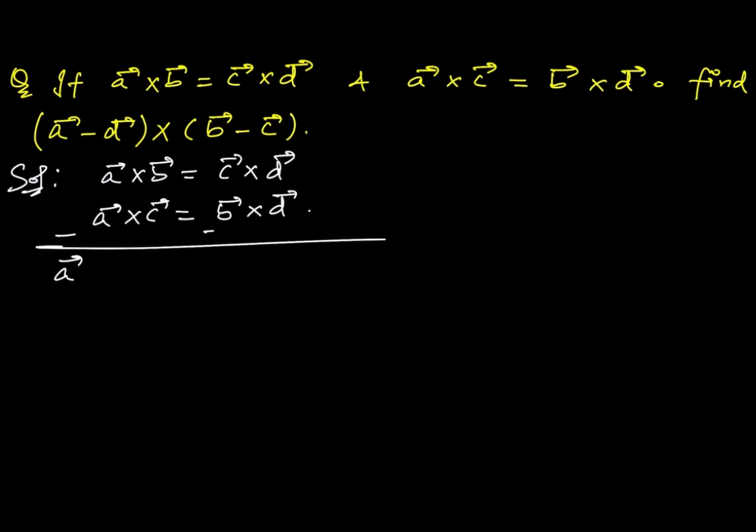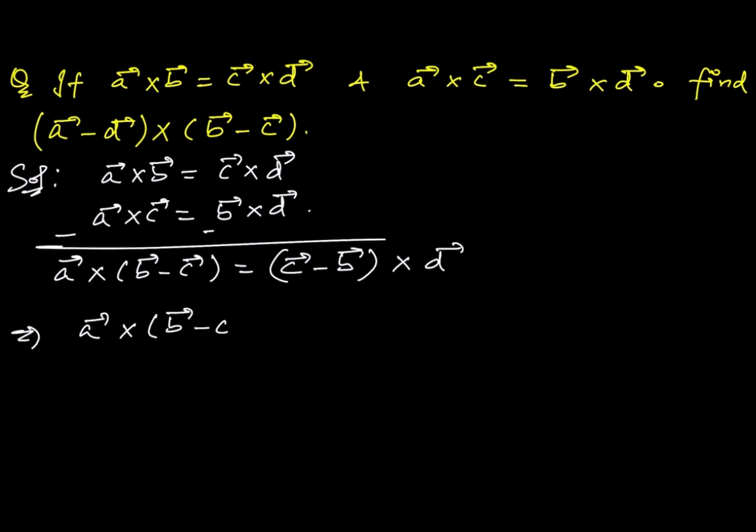A cross B minus C is equal to C minus B cross D. Okay, and if I see both sides, then I want in RHS B minus C, because in LHS there is already B minus C. So if I want to make B minus C, then I have to take minus sign common.